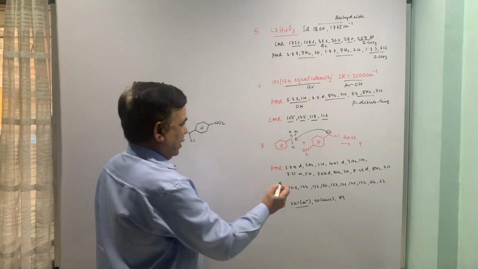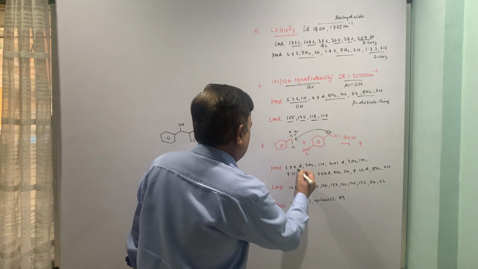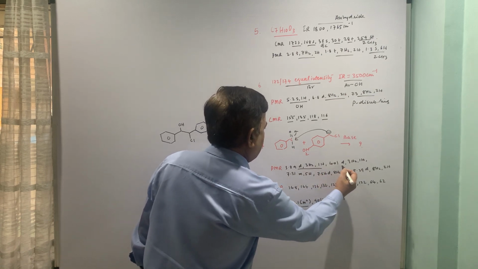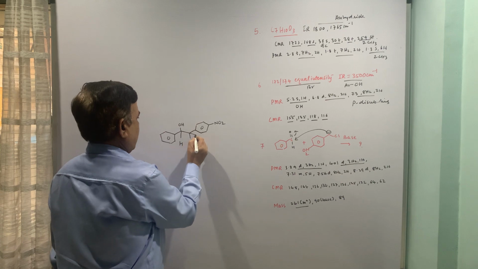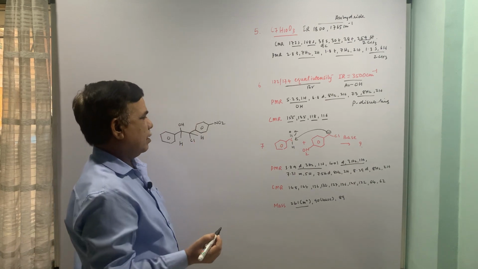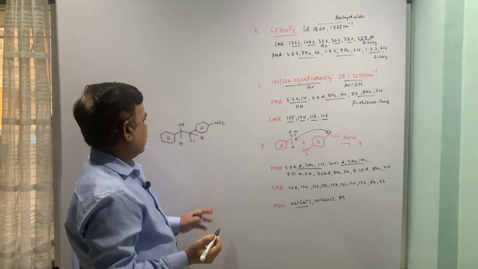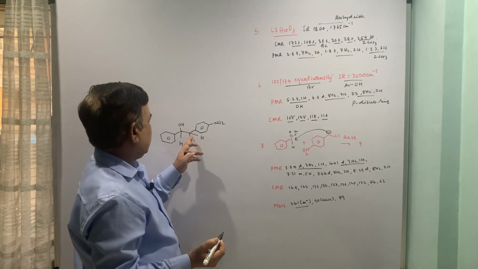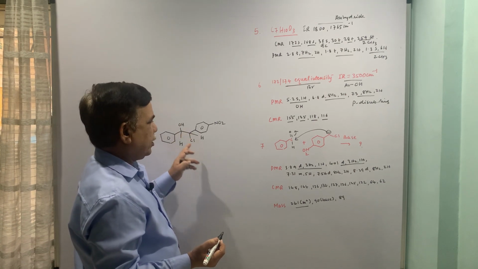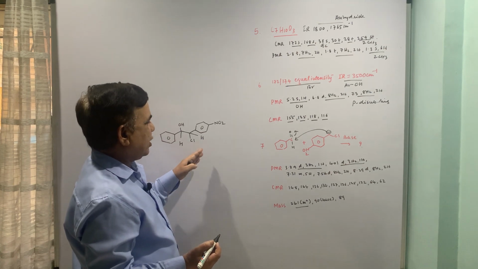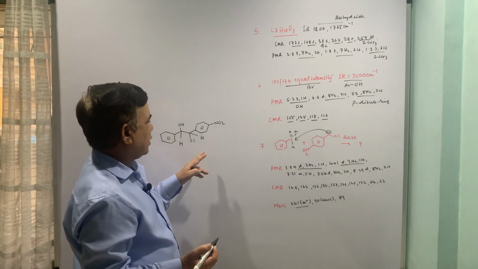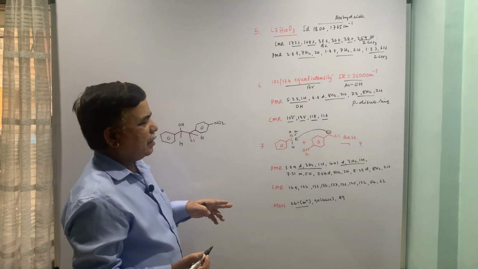So if I look at this doublet, these are the two, so probably the CHOH is 4.01 and CHCl is 3.89 something, you can say 3 hertz because they are cis to each other.